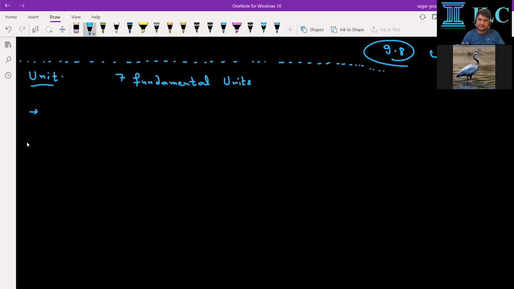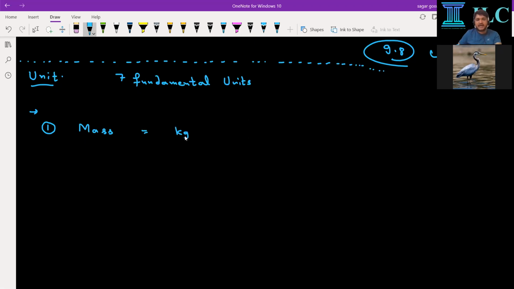It is mass. In which unit do we consider the mass? You know it very well. It is the kilogram. So the first fundamental unit is mass, and it is measured in kg.